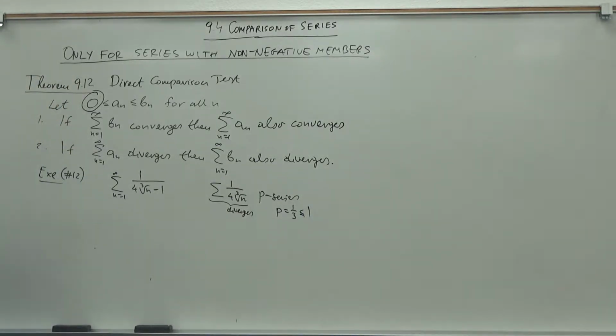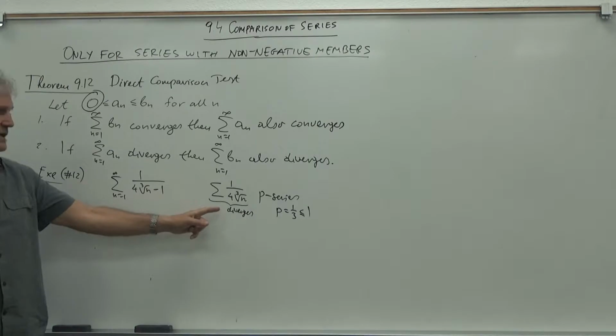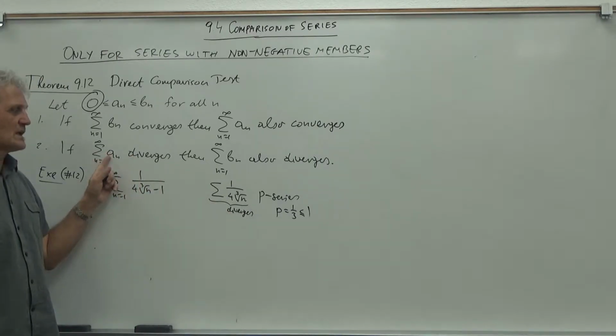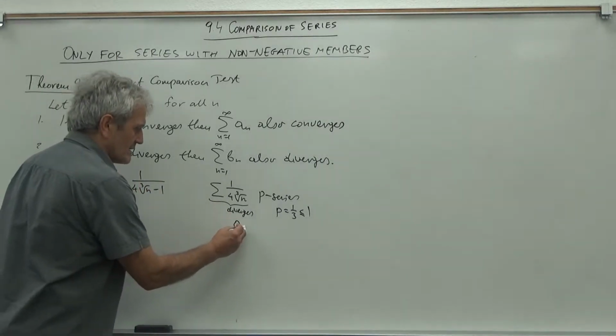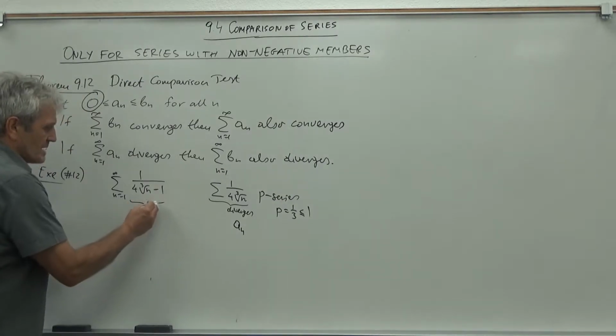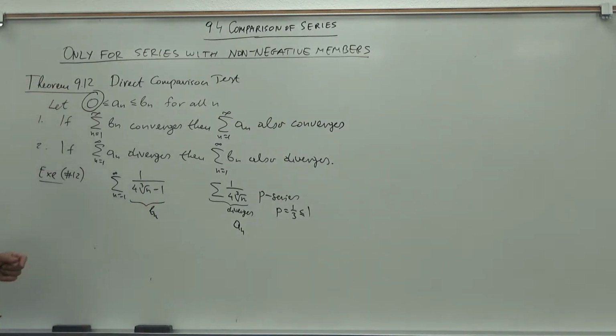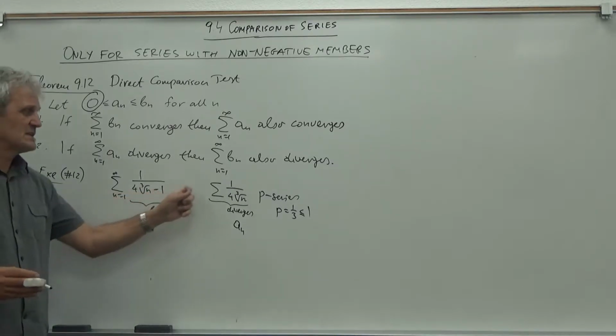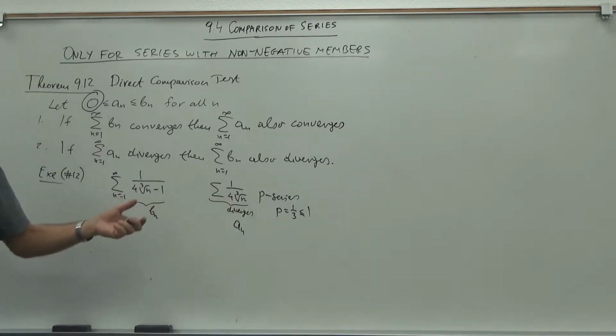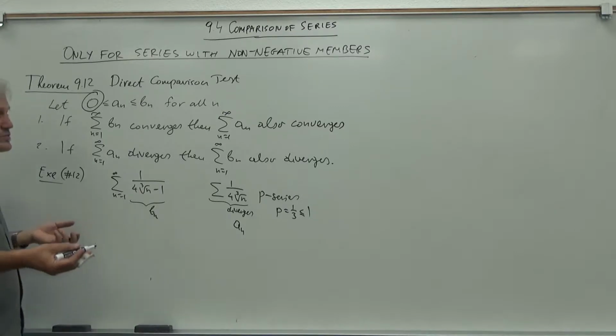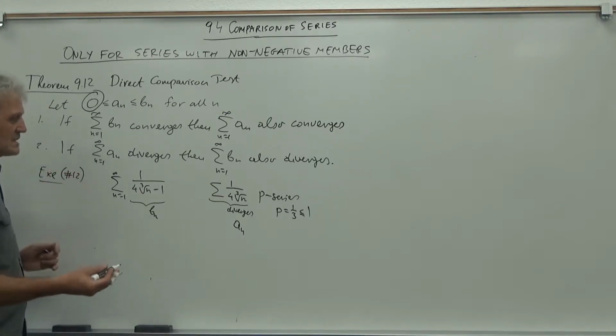So I know that this one diverges. So the only way I can use this test is with the divergent one, so that will be my a_n, and this will be my b_n. But it's a question if they are really lined up the way I need them. I would need this to be greater than this. And it happens that it's really true. So we were lucky, immediately it was there.